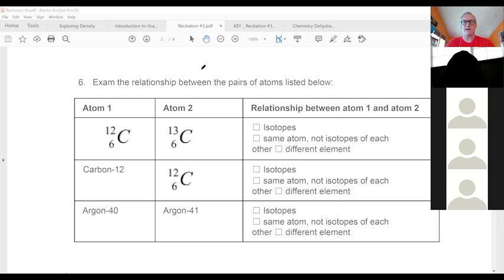Okay, why don't you think they're isotopes? Well, the mass number, the 12 and the 13, is different. Right, so that means they're the same atom. That's true, because they're both C, they both have the same number, but why aren't they isotopes?